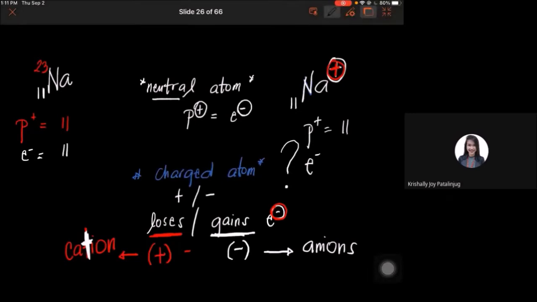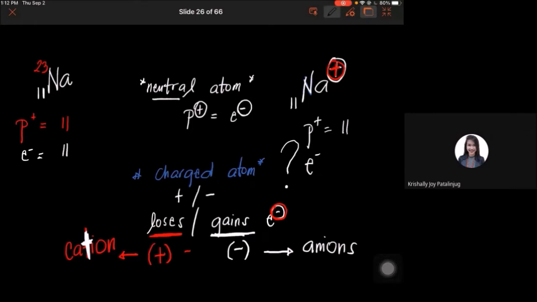They gain, they lose electron to attain their stability. Para maging stable sila. Okay, you will understand that if you had access the video material I posted last Monday, na-discuss doon yung chemical combination, yung chemical bond. Na-discuss doon bakit nag-lose, bakit nag-gain yung atom. That is to attain their stability.